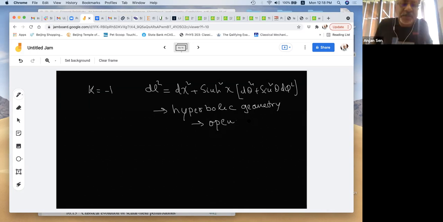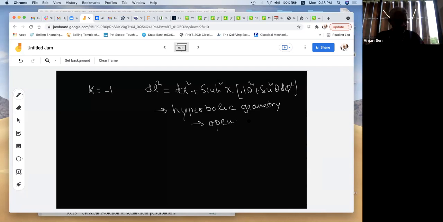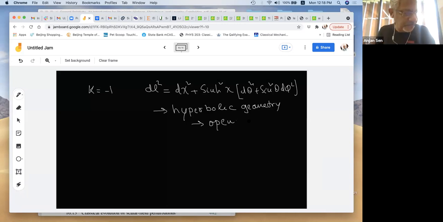So these 3 geometries that I have: k equal to 0, k equal to plus 1, k equal to minus 1. 0 is flat space, Euclidean flat space. The k equal to plus 1 is a 3D sphere, and k equal to minus 1 is a 3D hyperbola. We call the sphere a closed geometry because the 3D space is closed, and the hyperbola is open geometry. Right? So these are the spacetimes that we have, fine.